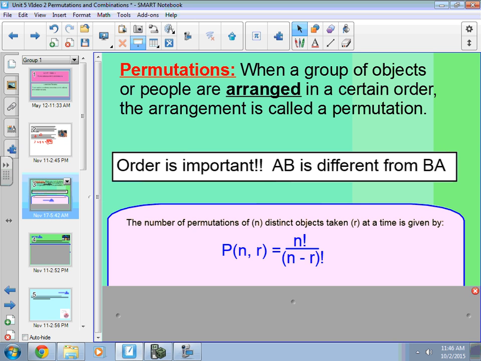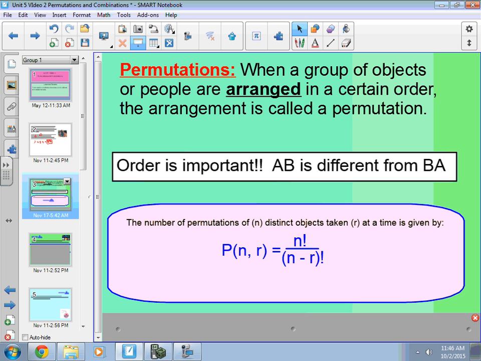All right, so here is how you find a permutation. When you're doing a permutation of n distinct objects, and they have to be different, then if you take r at a time, this formula will give you the number of possibilities. n is the total, and r is part of that total.